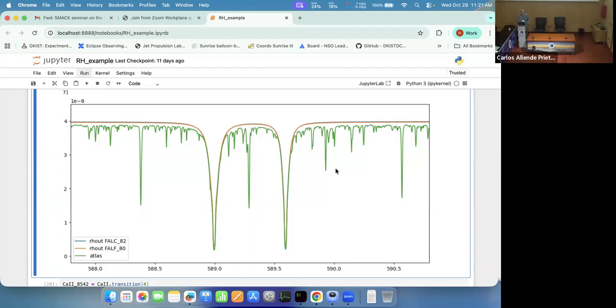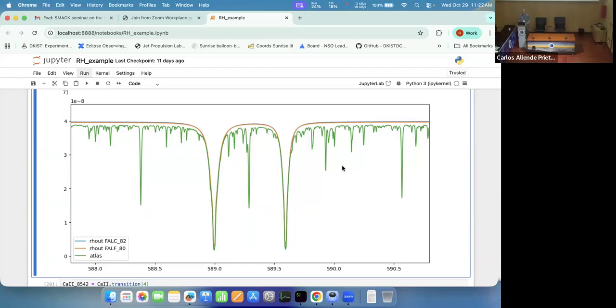I have my own opacity package that uses H minus bound-free opacities, and I'm not sure what it would be, but you cannot disambiguate between the temperature not being exactly right, or it being a one-dimensional model, so you cannot expect the temperature to be right for all wavelengths.